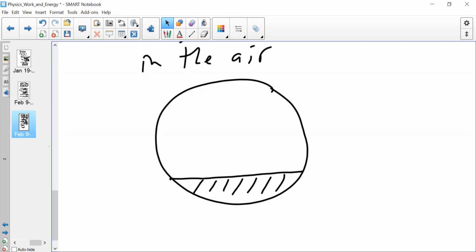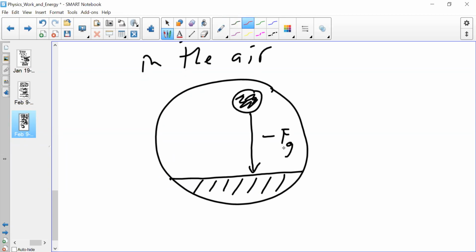I've raised my ball, it's at this point now. My force due to gravity is going to be pointing down towards the Earth, because gravity acts downward. And my displacement is going up like that, delta y, because I'm raising it up.